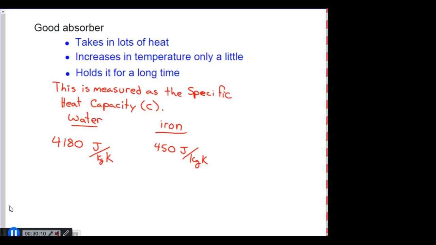Cooking utensils that we choose to work with are generally low conductors with high specific heat capacities. Take a look at water's specific heat capacity. It is almost 100 times greater than that of iron, which means we have to put in a lot of heat energy to make the temperature of water go up. That's critical to you.